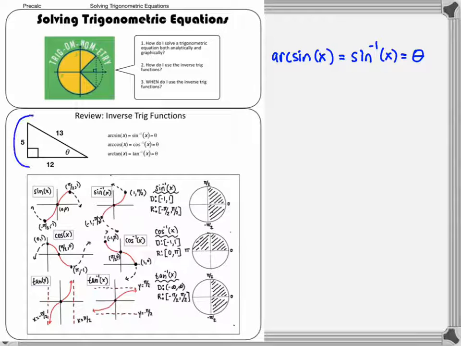Let's take a look at this triangle right here. If I wanted to know this angle here, I can say the following.